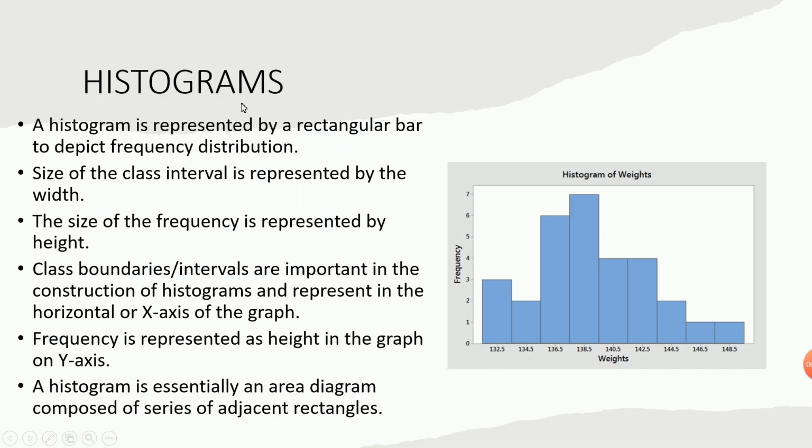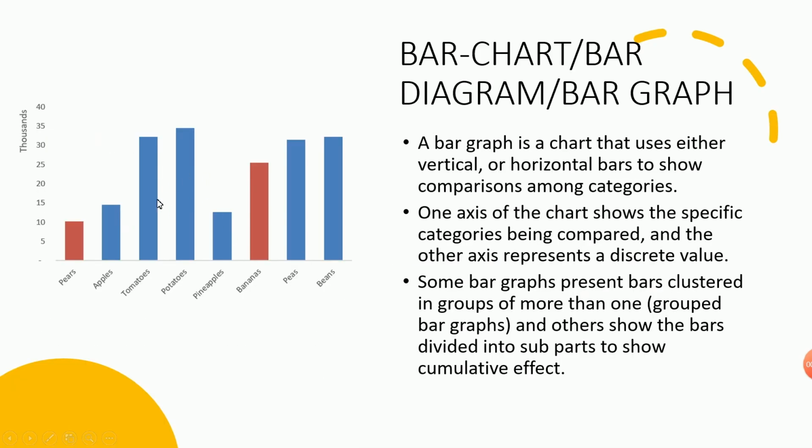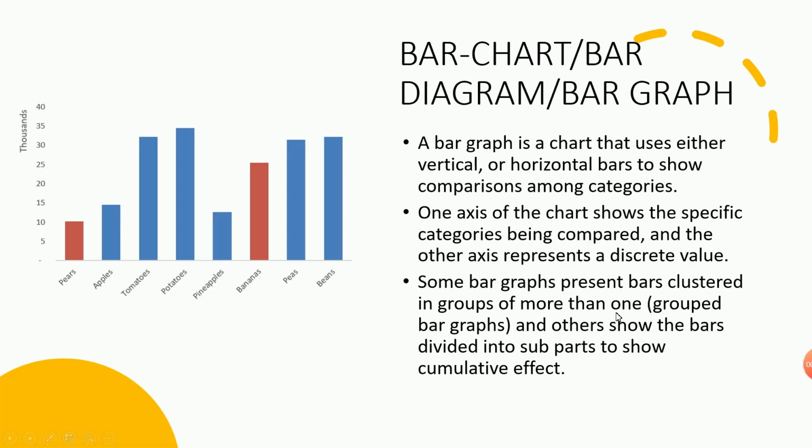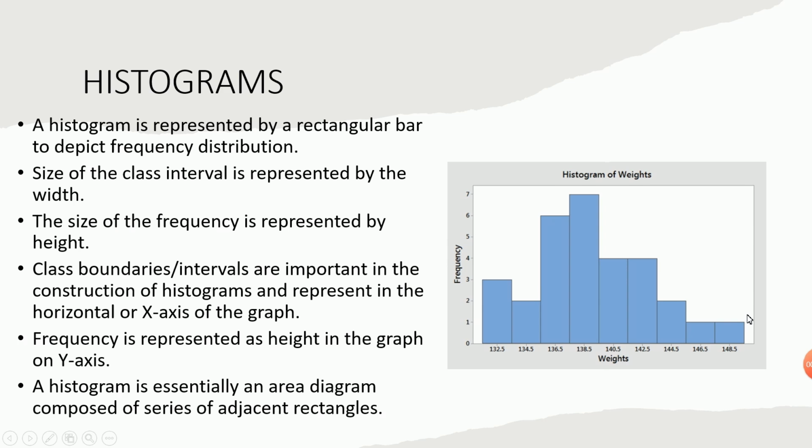Then histograms. See here, the difference: bar chart and histograms are more or less a similar thing, but the main difference is the gap in between them. Each bar has a gap of certain length or certain unit, but here there is no gap between them. It is more of a continuous thing.